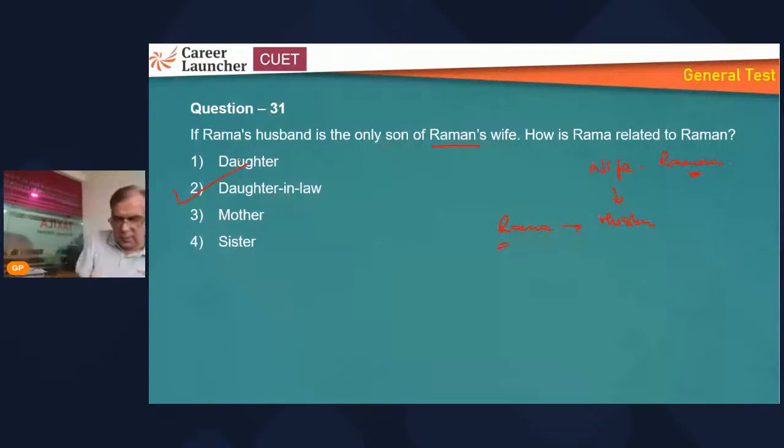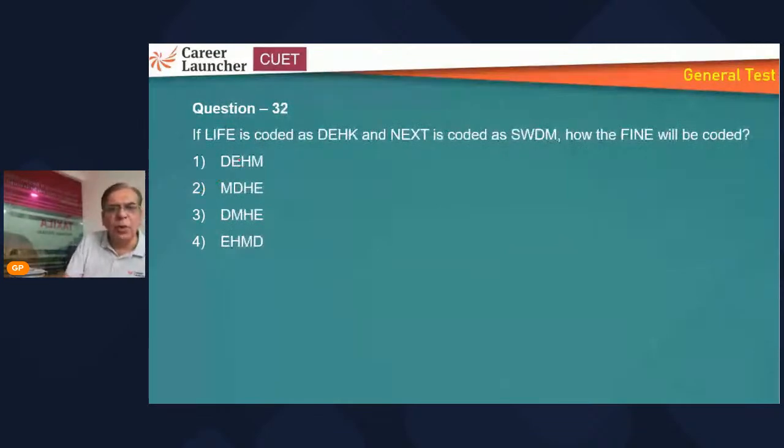Question 31. Life is coded as something, and next is coded as SWDM. How is fine to be coded? Let's see. If this is the first time you have this question, it may be useful to just write down A, B, C, D up to this thing, or even otherwise. When I look at how life is coded, E becomes D, minus 1, F becomes E, minus 1.